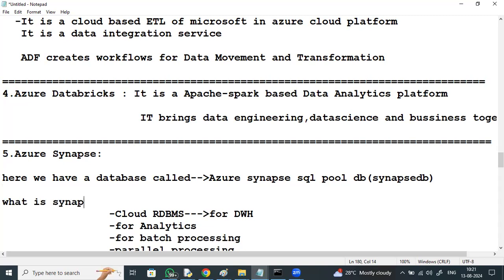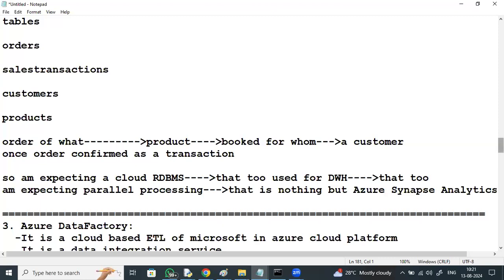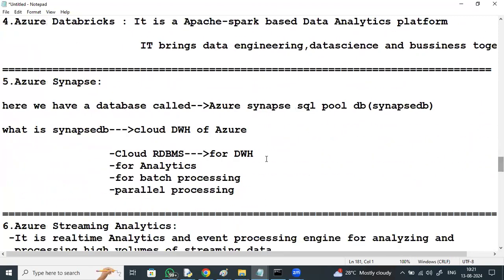What is Synapse DB? It is the cloud data warehouse of Azure. Azure Synapse is a cloud DBMS for data warehouse, for analytics, for batch processing, and for parallel processing.